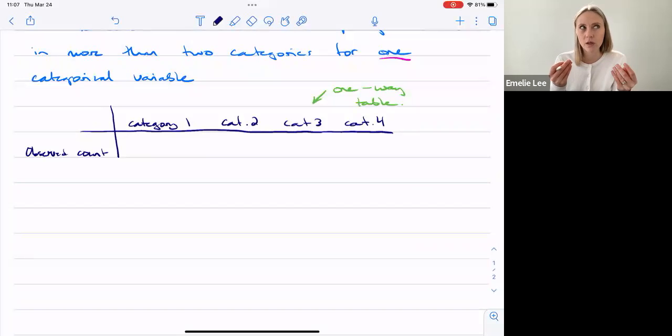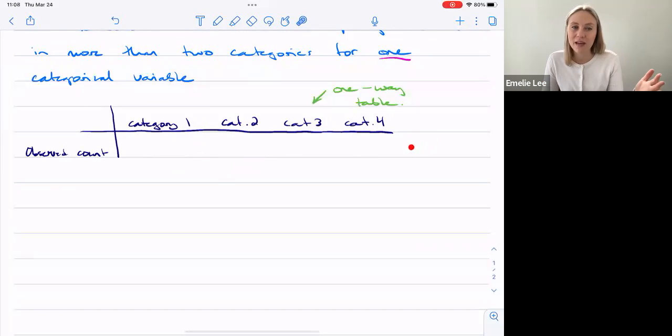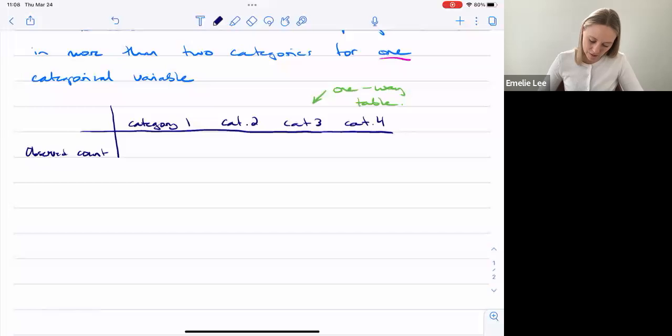If I'm expecting an even spread, I would expect the probability of being in each category to be 1/4, the number of categories. We multiply that by the total, and that gets us the hypothesized distribution, or the null distribution.